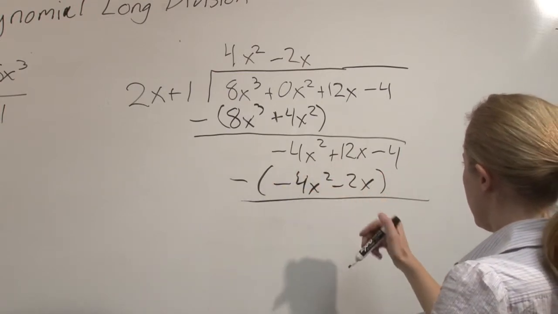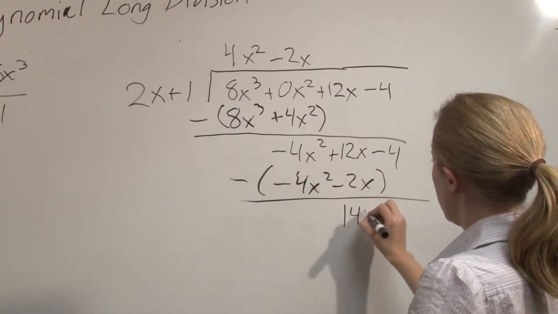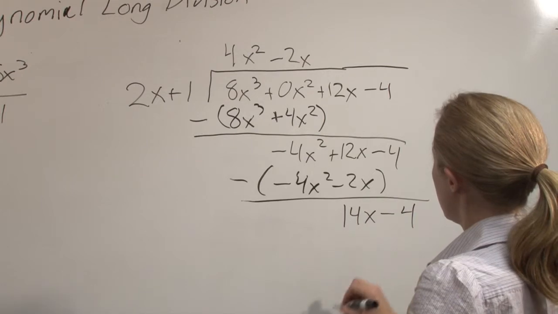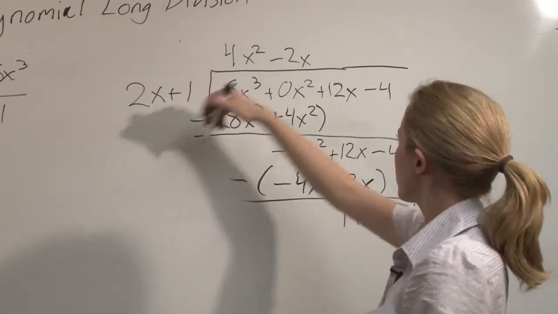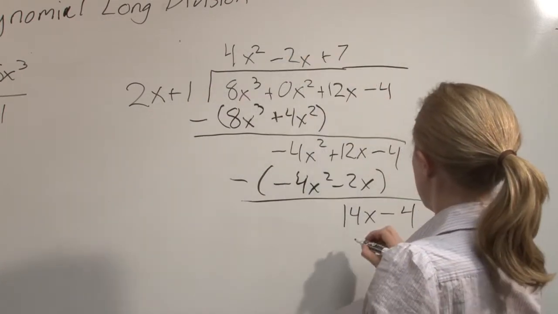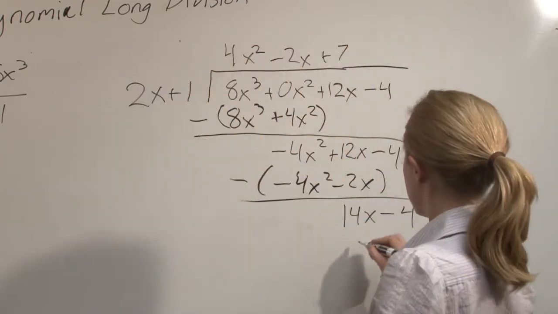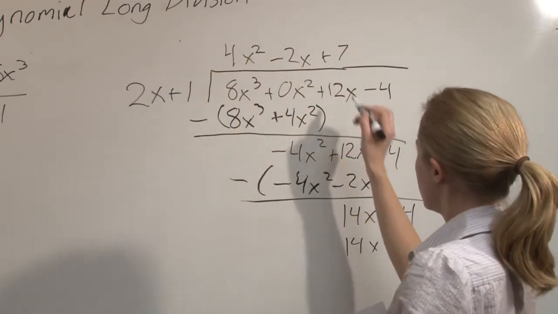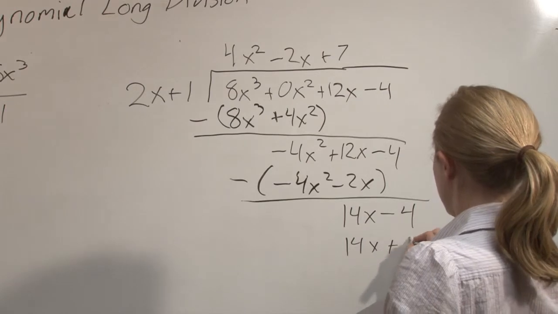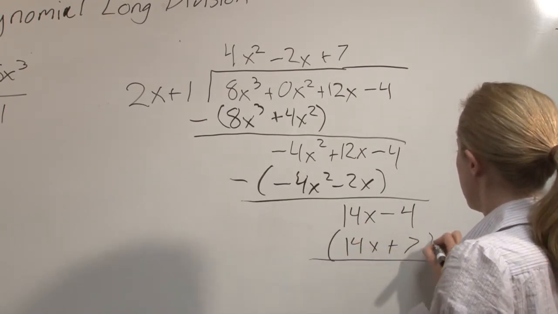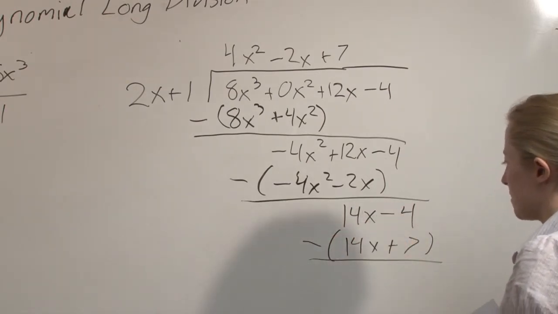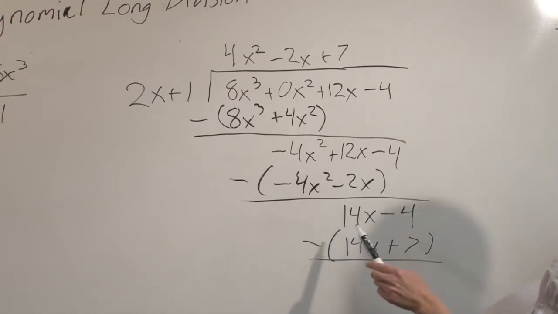So 12x minus negative 2x is 14x. And then I'm going to multiply 2x by 7. Then 7 times 2x is 14x, and 7 times 1 is 7. And then the 14x's will cancel out.